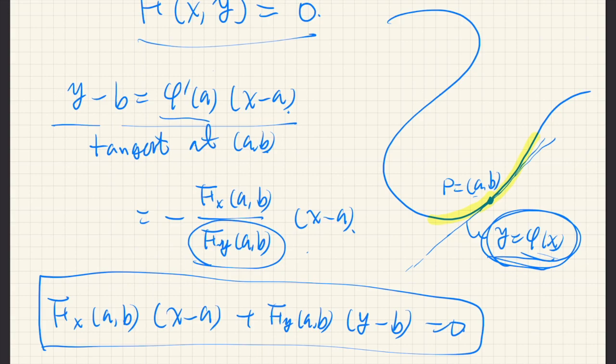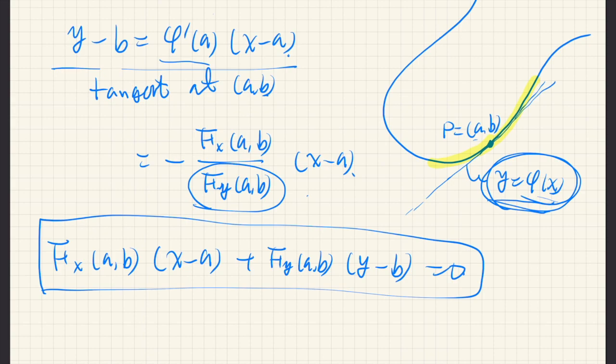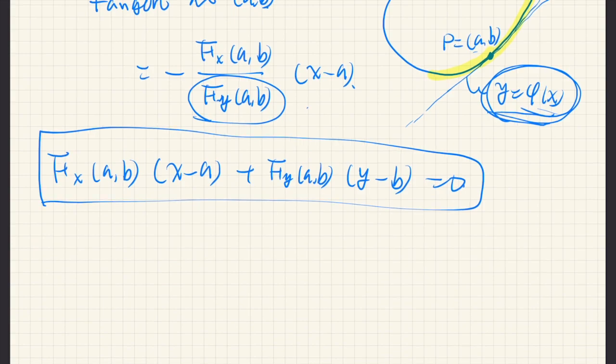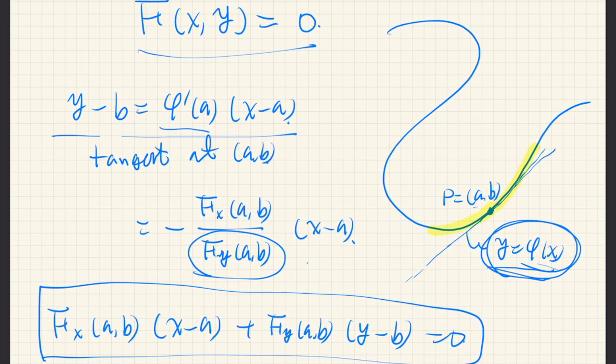But if we don't have such an implicit function, but instead we could find an implicit function as a function of y, then we have something like this. Suppose at this point, for example, we cannot define an implicit function of x, but instead we can find an implicit function of y.